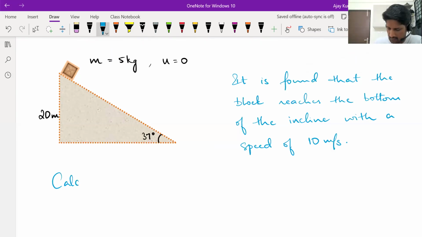Calculate the work done by friction during this displacement.